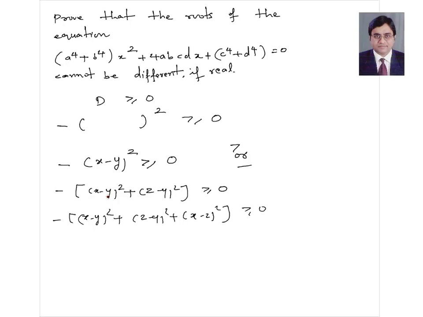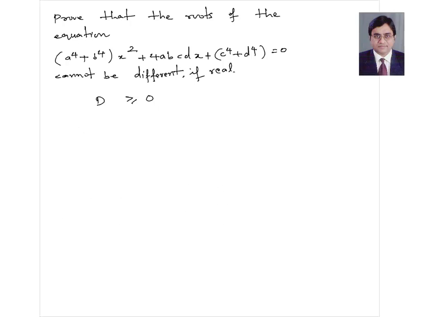Okay, so if anybody is not able to get that form after simplifying D further and further and further, if you are not able to reach here, (AC minus BD) whole square plus (AD minus BC) whole square, then let me know and I will show it on the board.